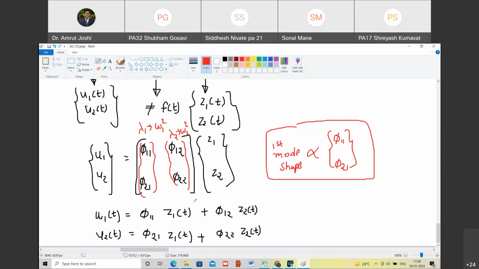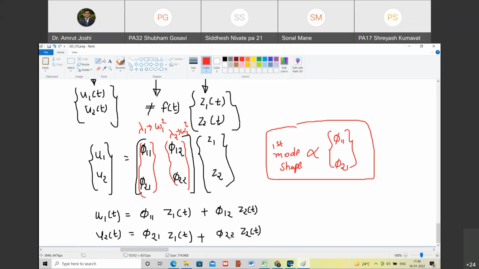Yes, sir. Now, u1 of t in general receives its components from the first mode shape and the second mode shape. Look, phi 11 is from the first mode shape and phi 12 is from the second mode shape. Do you agree with me? Yes, sir. Okay. Now similarly, u2 of t receives its response from both the mode shapes, phi 21 and phi 22.